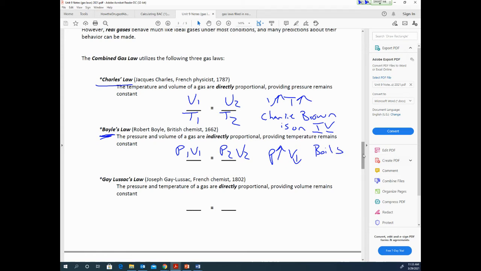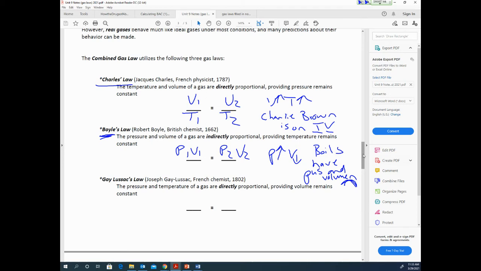Boils have pus and volume, as in they stick up on a person's body, so they have P for pressure and V for volume. It's a little grosser, but that helps you remember Boyle's law has pressure and volume.